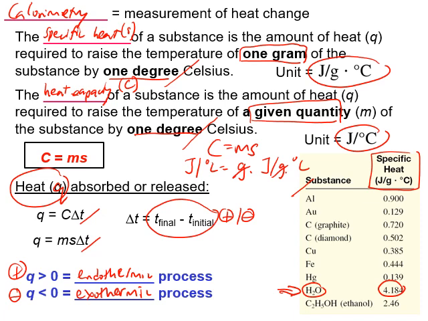It means that if I want to raise 1 gram of H2O by 1 degree Celsius, I need to absorb 4.184 joules of heat. This is why we learn specific heat. Most of the questions use water because water is the universal solvent. You don't need to memorize all these values because in the question they will give them to us. For example, H2O will be 4.184.